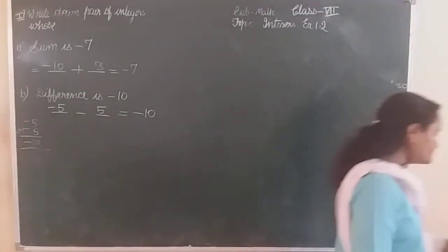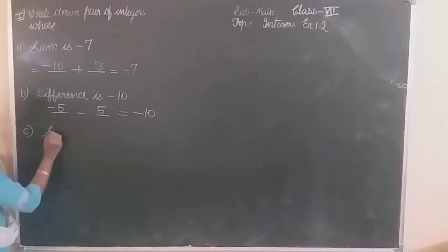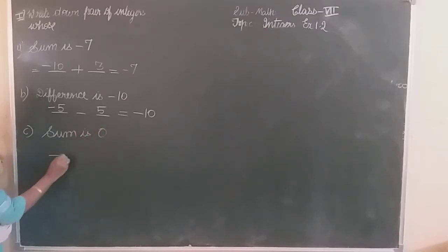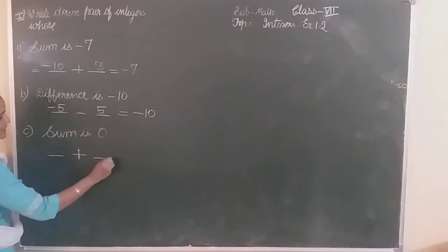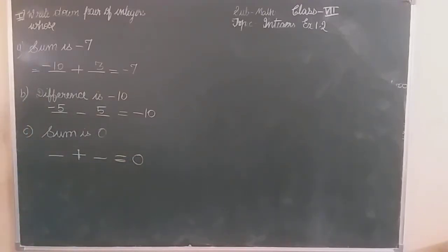The third one, the sum is 0. When you add two numbers, you should get the result as 0. So what you have to do is take the same number, but one number will be minus and one number will be plus. For example, I will take 1.